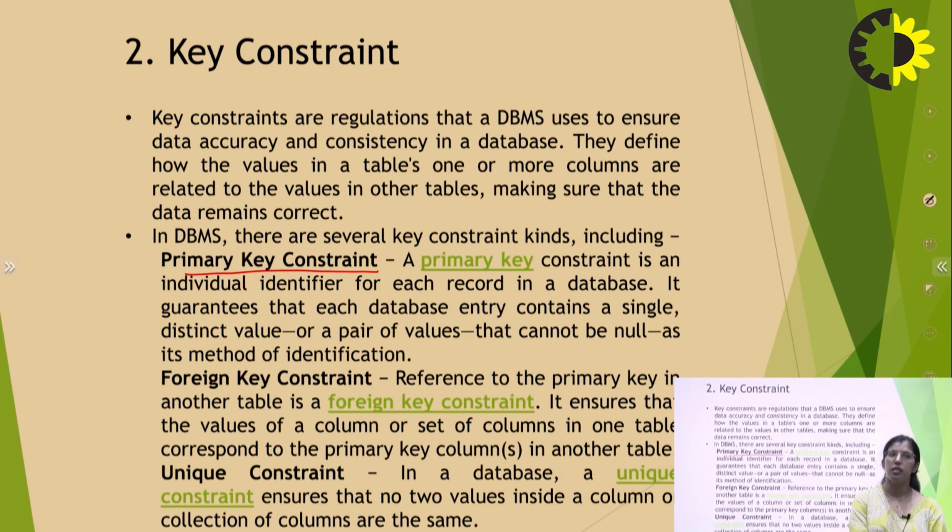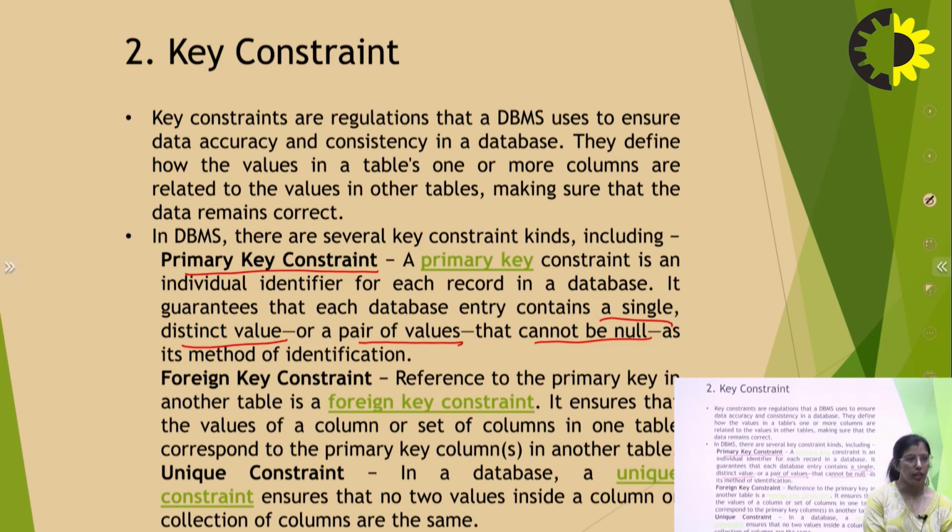It guarantees that each database entry contains a single distinct value or a pair of values that cannot be null as its method of identification. It means primary key cannot have duplicate entries. Secondly, it cannot have any null entry. If these two are the cases, then an error message is shown on the screen.